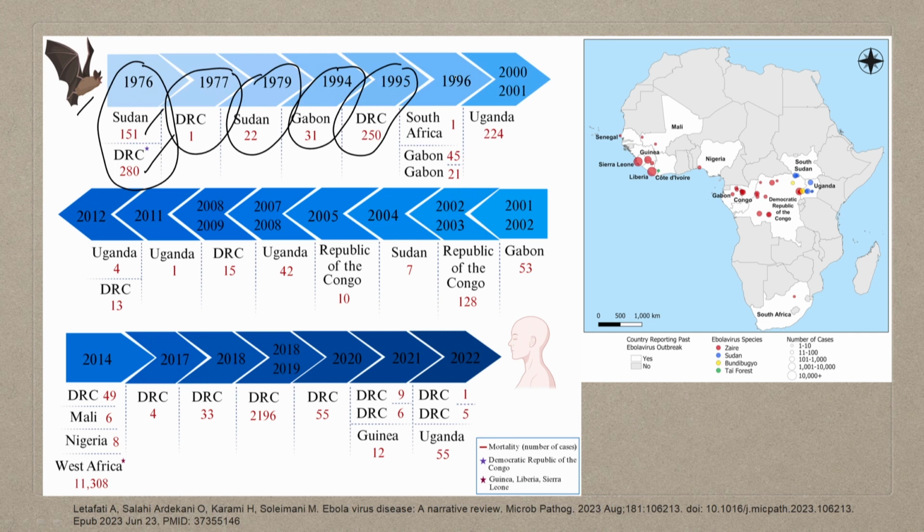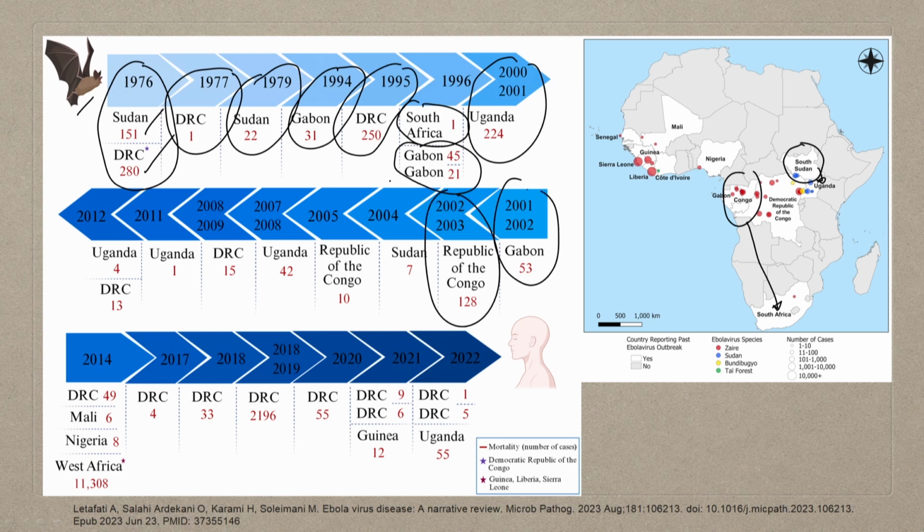In 96, look at the shift. Somewhere we are talking about Sudan, somewhere about Congo, and it traveled all the way to South Africa. This was quite a travel. South Africa, Gabon, 2000, 2001, it moved to Uganda. If you look at the way it is moving, 2001 again Gabon, Democratic Republic of Congo, Sudan, DRC, Uganda, DRC, Uganda, DRC, and so on and so forth.